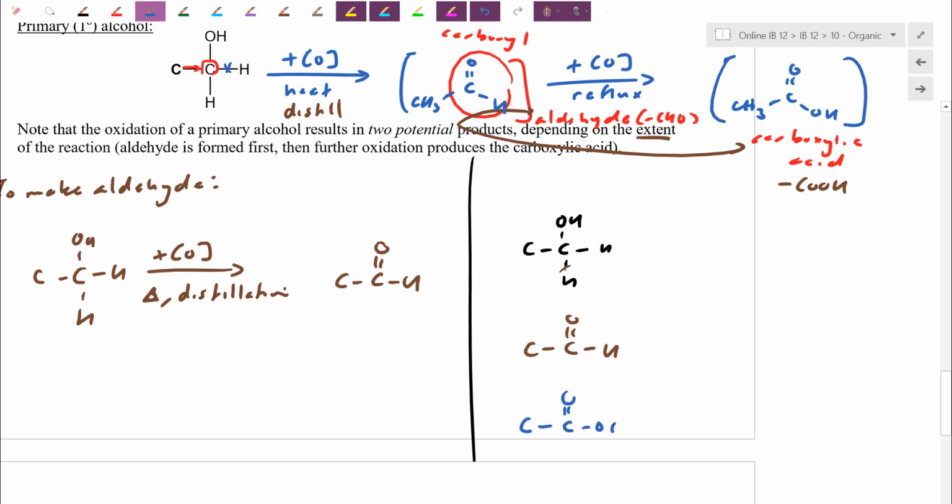What physical property would these ones here have different? This first one here is an alcohol. The second one here is an aldehyde. And the third one here is a carboxylic acid. Okay. So now they have roughly the same number of carbons, so London forces could be similar. What I want to check inside the compound is whether it's polar or nonpolar. Okay. What you do find here is alcohols are polar.